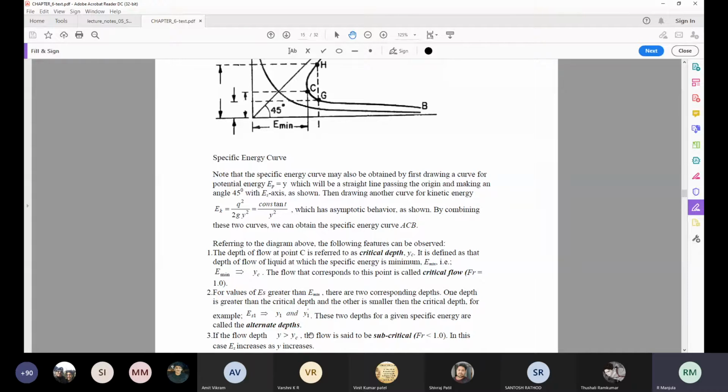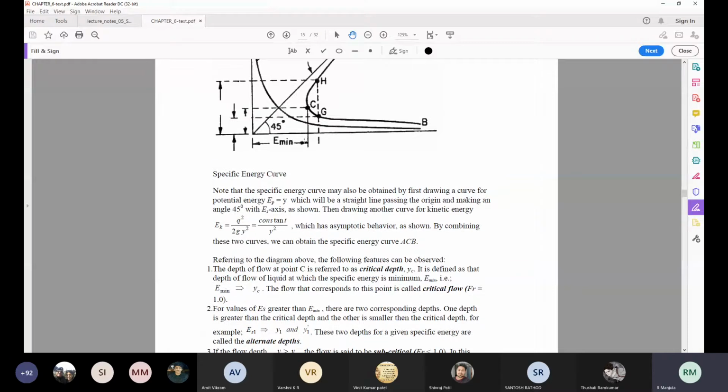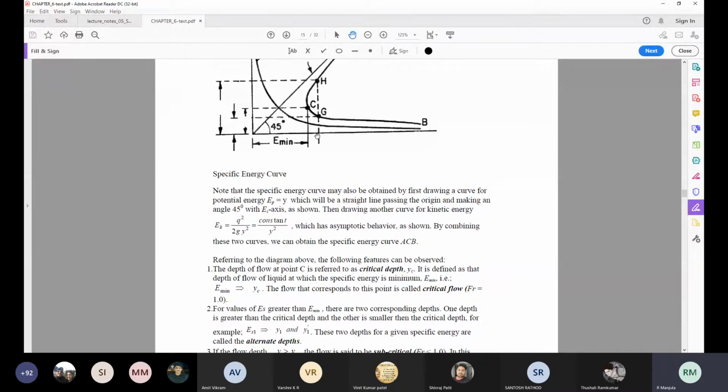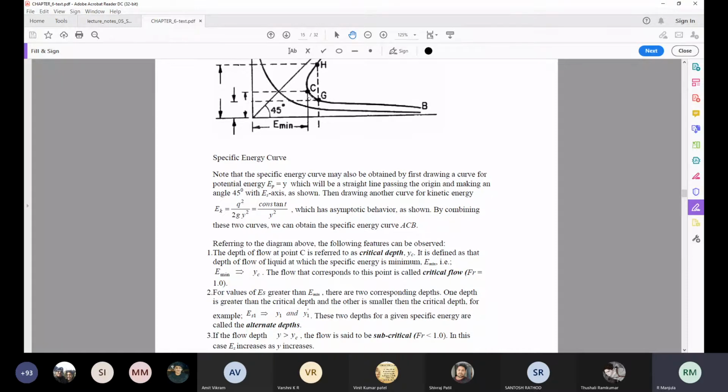If the flow depth Y, which is the actual depth, is greater than YC, the critical depth, which means this depth up to H, suppose I am taking Y1 dash, then Y1 dash is greater than YC.